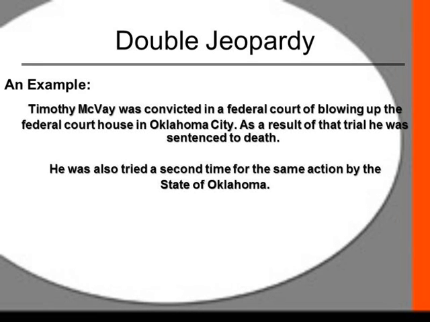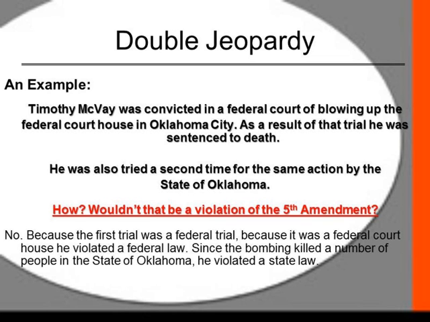Now, this would not be considered double jeopardy. It would not violate the Fifth Amendment because in the first case, Timothy McVeigh was accused of violating federal law and found guilty. Then the state of Oklahoma came along and said, you also violated Oklahoma law.